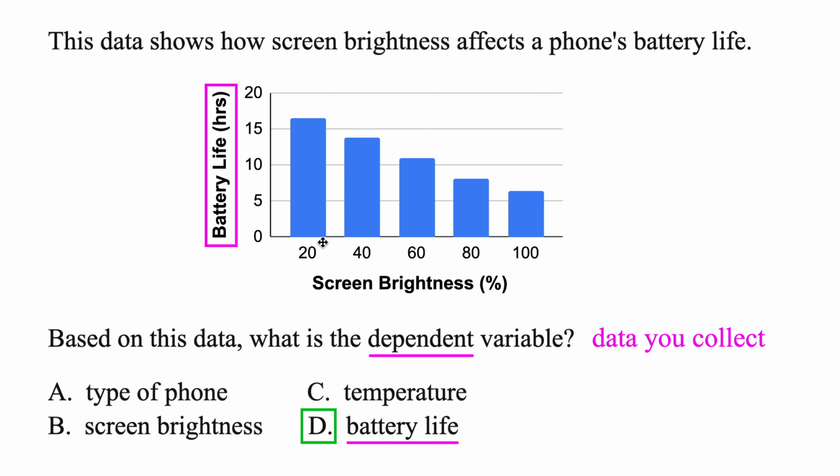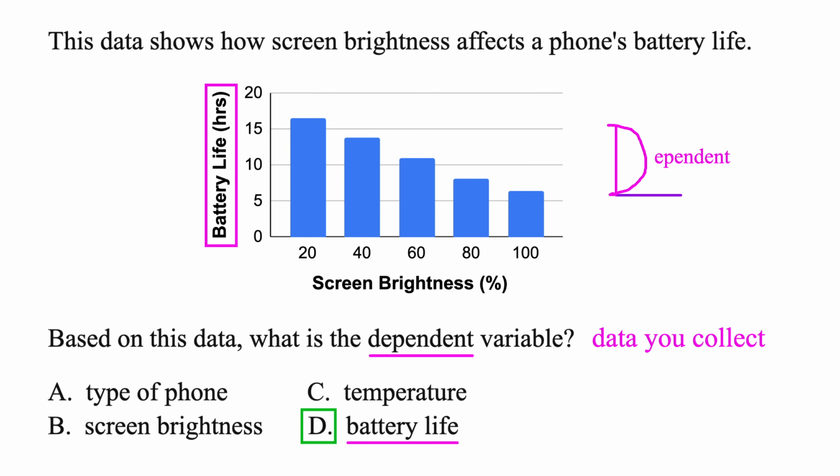Now, another way to find it if you're given a graph is you could just redraw these axes, one for the y-axis, one for the x-axis, and then you can turn these into letters. The one that goes up and down, you could turn this into the letter D, and that's always where the dependent variable goes. So just like we thought, battery life goes up and down, that's the dependent variable.